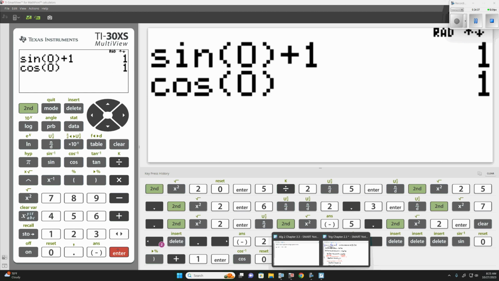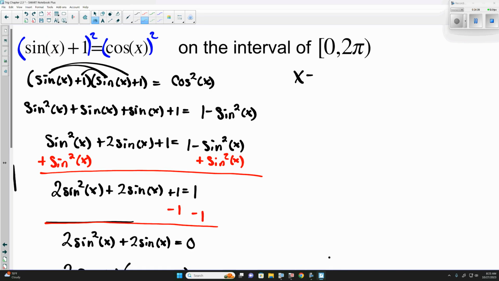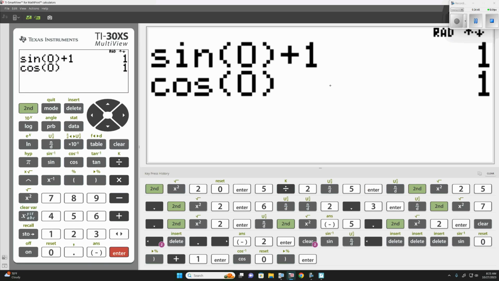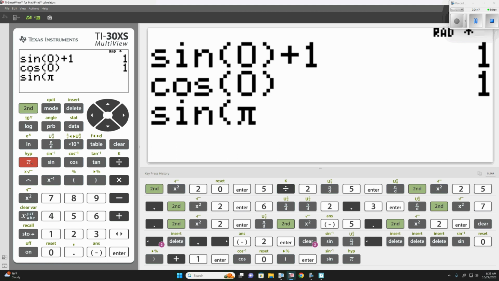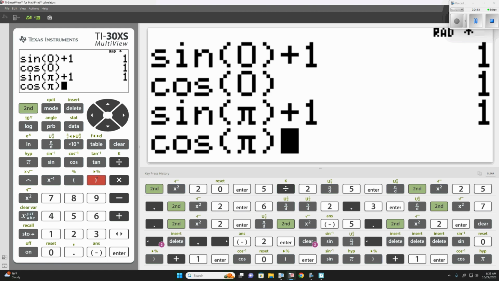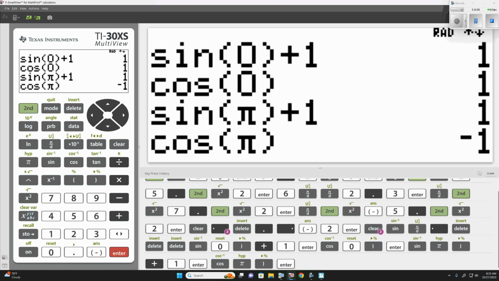So for our solutions, x does indeed equal 0. The next one we can try is pi. Sine of pi plus 1 is 1. Cosine of pi is also 1, yes? No, it is -1.